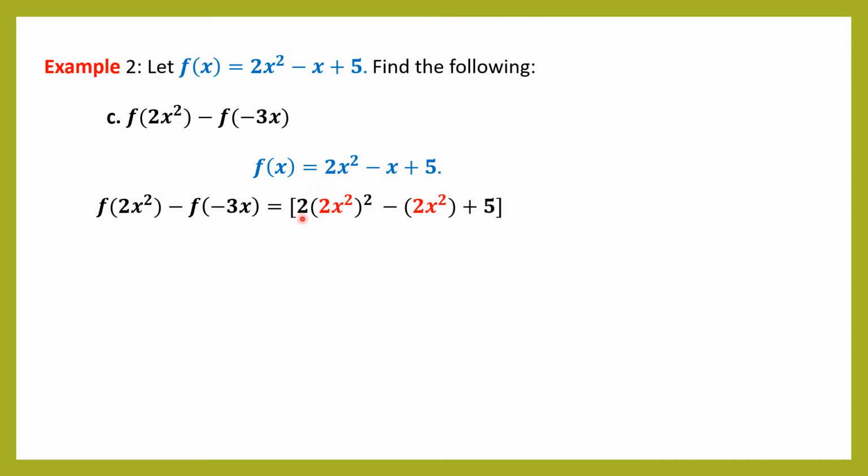So, just copy 2. Yung x natin, palitan na natin yan ng 2x squared. Then, copy yung squared. Huwag malilito sa squared. Then, minus. Yung x, palitan natin ulit ng 2x squared. Then, yung plus 5, just copy. So, ito yung una para sa 2x squared.